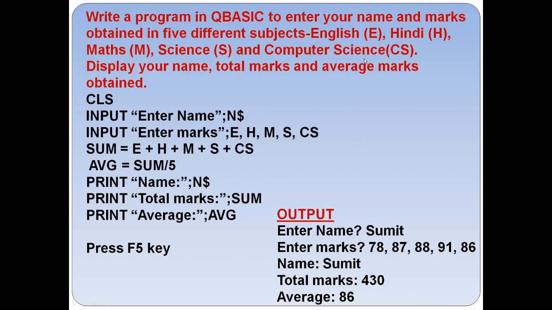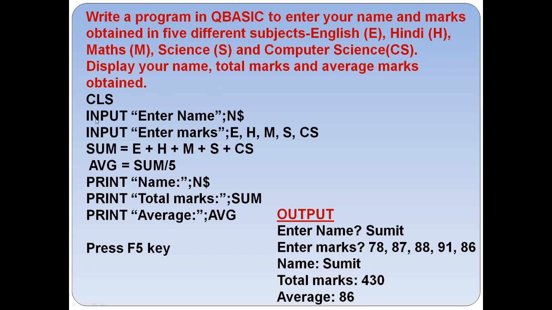In this question we will enter a name and marks obtained in 5 different subjects, and these subjects are English for E, Hindi for H, Maths for M, Science for S, these are the variables, and Computer Science variable is CS. Display name, total marks and average marks obtained by using the input statement.